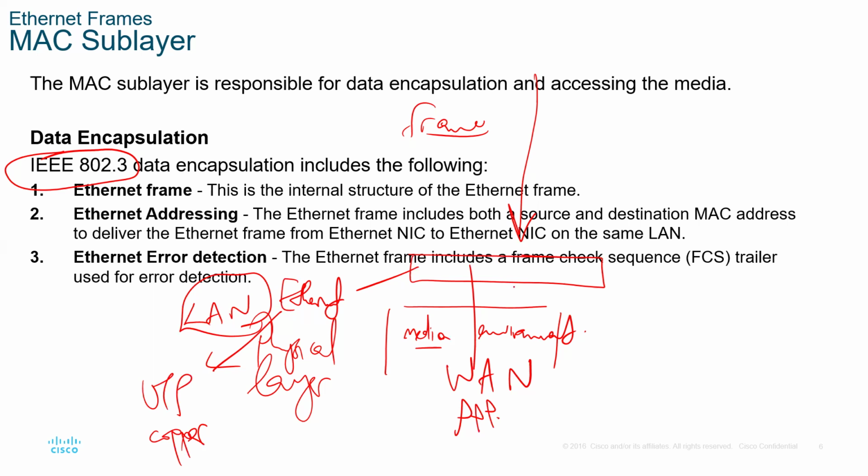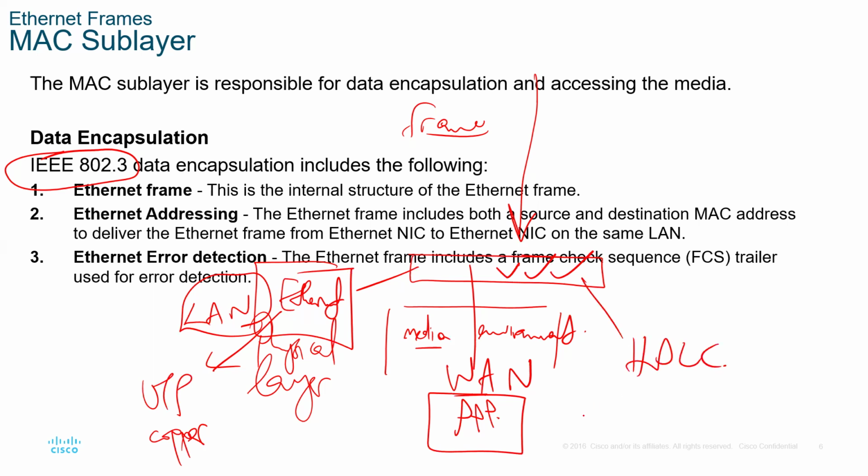The way the data in here is defined will be different depending on if we are using Ethernet or this point-to-point protocol, or whichever protocol we use to define the physical characteristics of our transmission. Right.